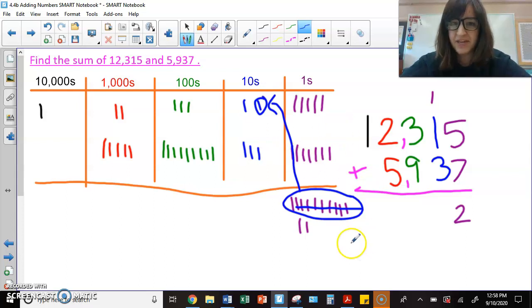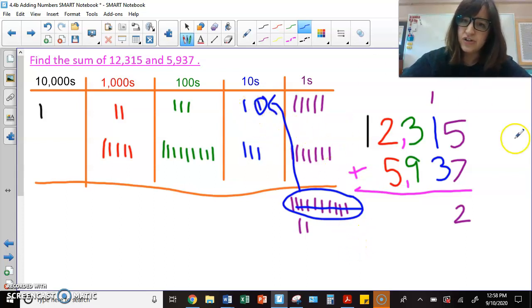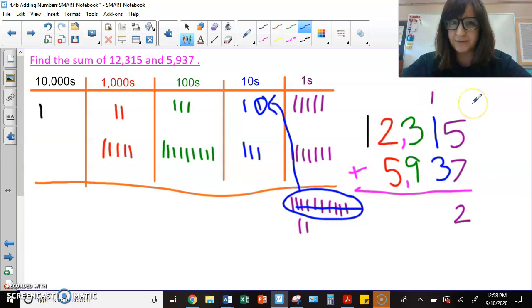So I'm taking them from here and I'm putting them over here. So that's why I carry my 1 over here. So now when I'm adding, I have 1, 2, 3, 4, 5. Same thing over here. 3 plus 1 plus another 1 is equal to 5. I have nothing to carry over here, so I don't have to.